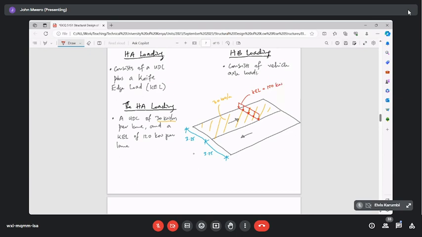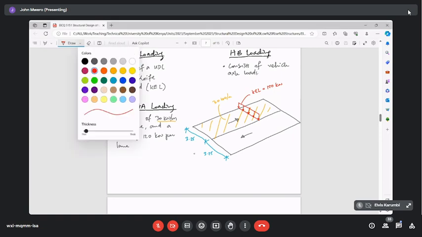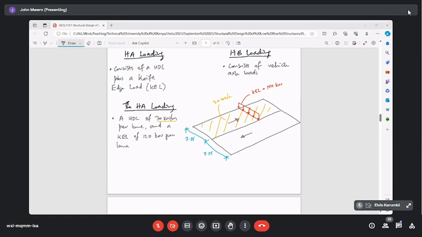So that's what the BS meant when it talked about HA loading having two components. One will be a UDL, which I've sketched for you, and the other one will be a knife edge load. It's basically a line load. So it's like you put a knife there, and the knife is then supporting 120 kilonewtons. That's why it's called a knife edge load. It's just a line load. The knife edge load refers to a live load across the road.